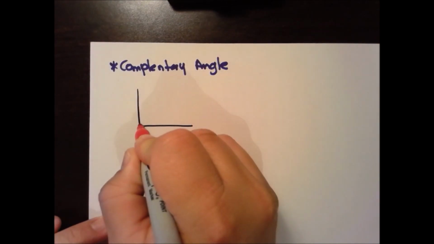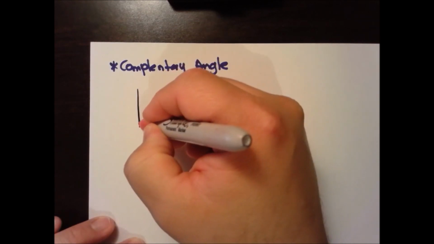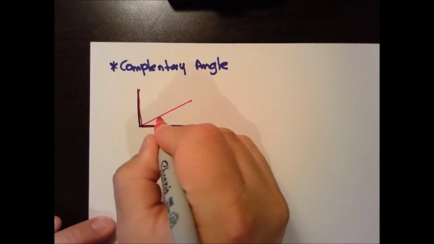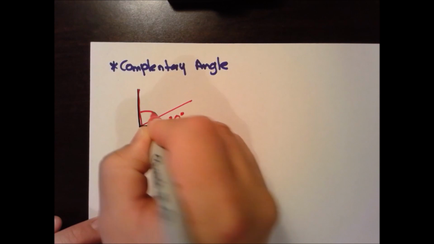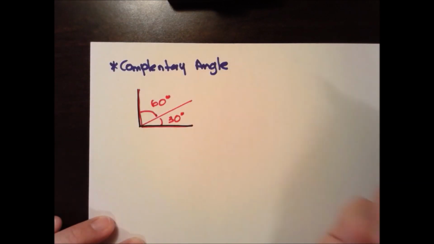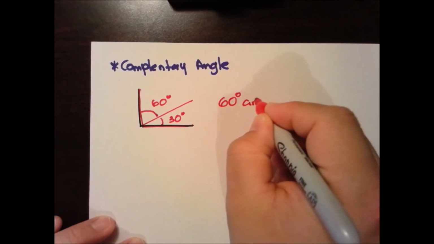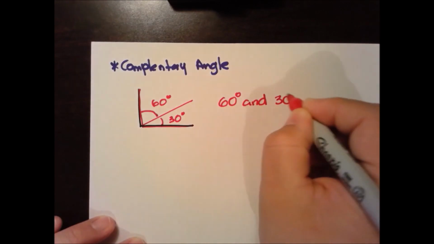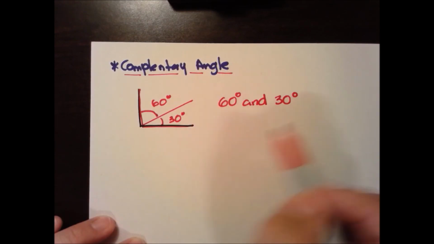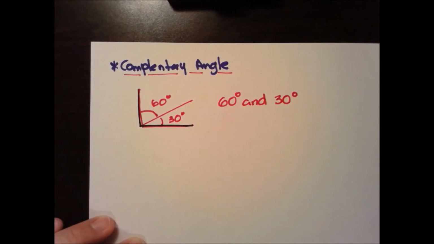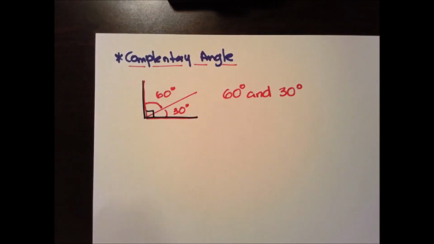The first one is this one, and the other is this one. This one is 30 degrees, and that one is 60 degrees. So 60 degrees and 30 degrees are complementary angles, because their addition is 90 degrees. Okay, as you can see over here.